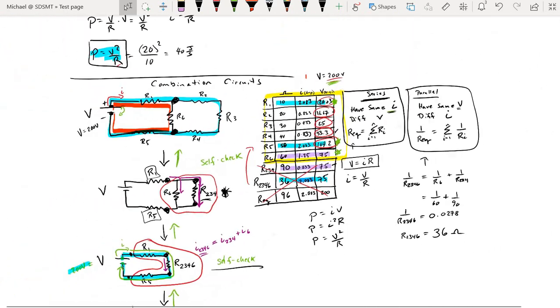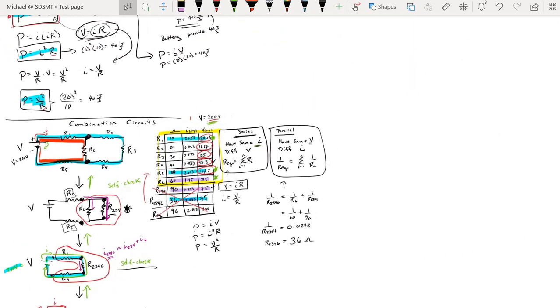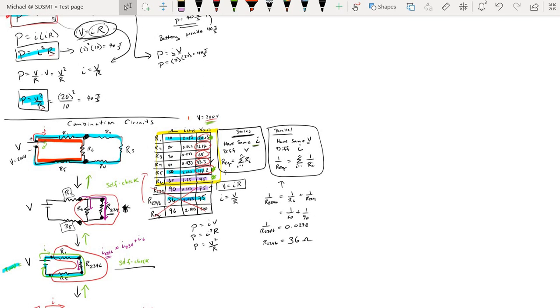Now, I'm going to zoom out here, and I know this looks like an incredible mess, but it is imperative that you keep your work clean and organized when you're doing these circuit problems. I've actually had students that take this class coming from Circuits 1, and they're like, wow, this method here is so clean and precise and helpful.